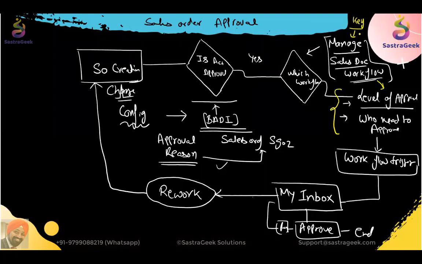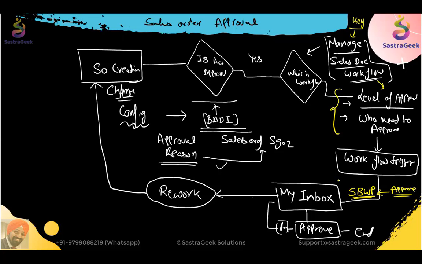So this workflow, once it is triggered, can we check it in ECC itself, like before Fiori, in SBWP or something like the inbox? Yes, you would also be able to check in SBWP, but I have not seen any option to approve or reject it.